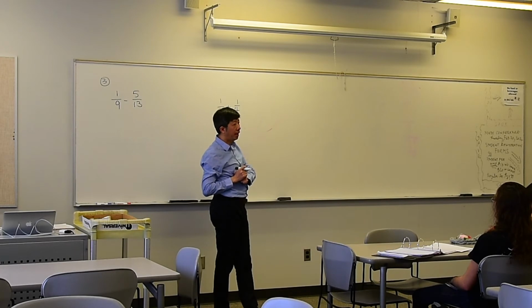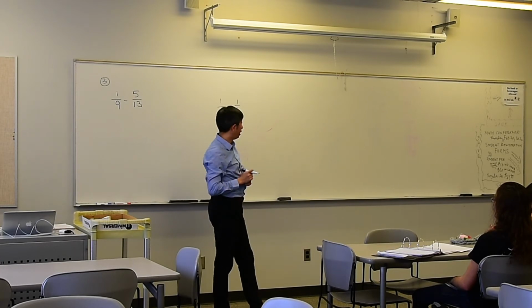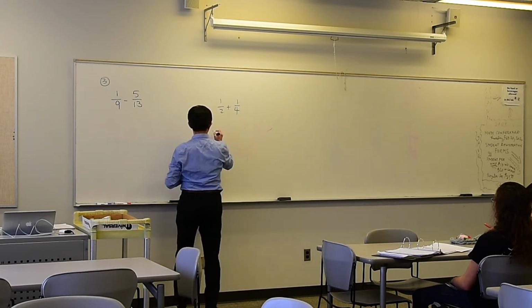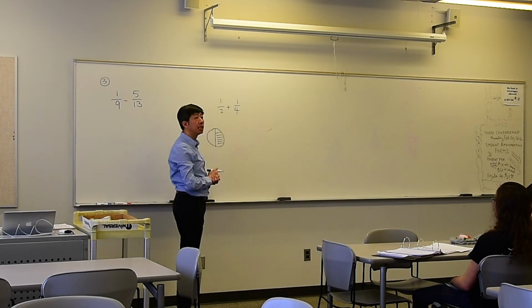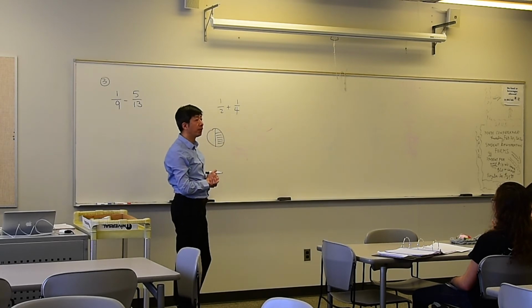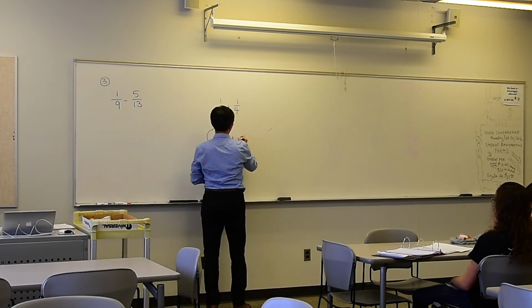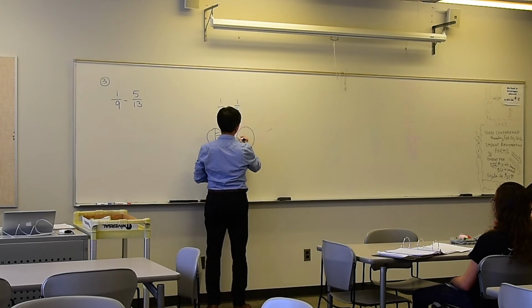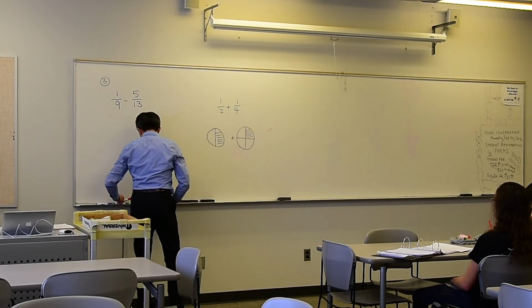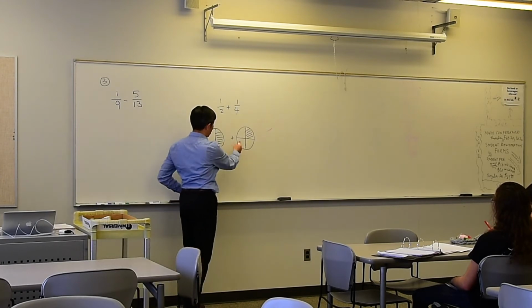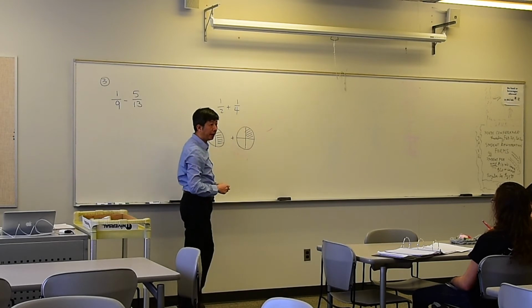So 1/2, basically, can I say it is one half of a pizza, like this? Yes or no? And a quarter is a quarter of a pizza like this? Yes or no?